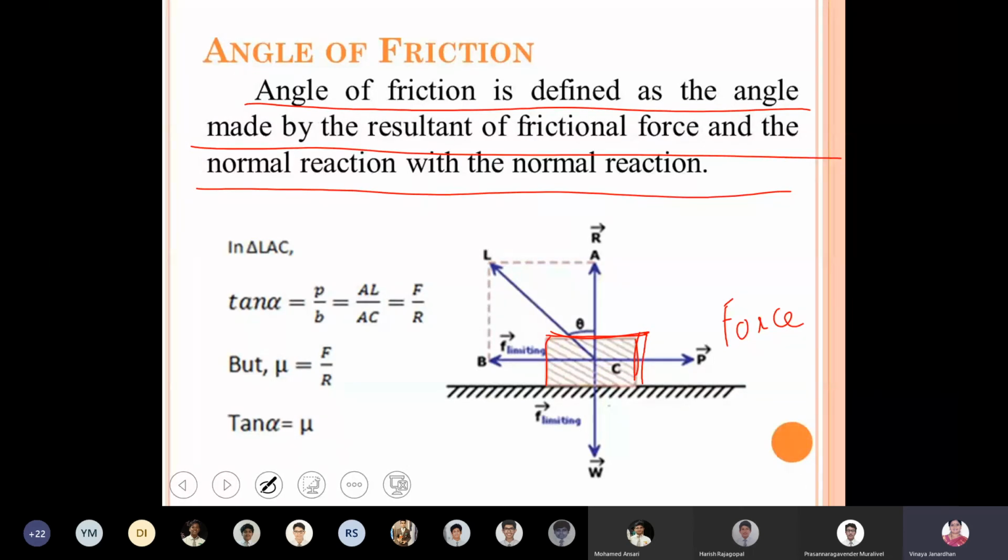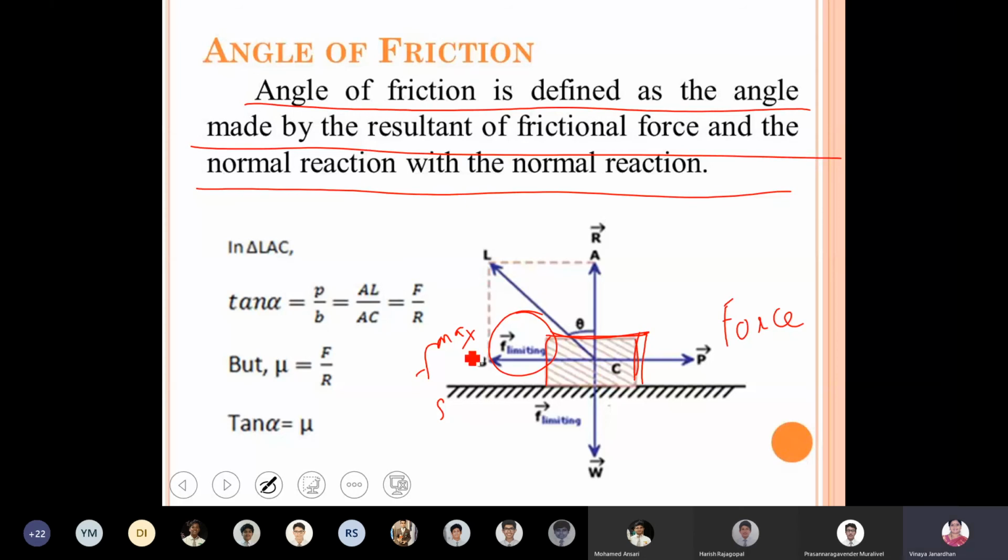The moment you apply a force, say the body just begins to slide. When the body just starts to slide, the frictional force between both the objects is what we call limiting friction, that is Fs maximum.